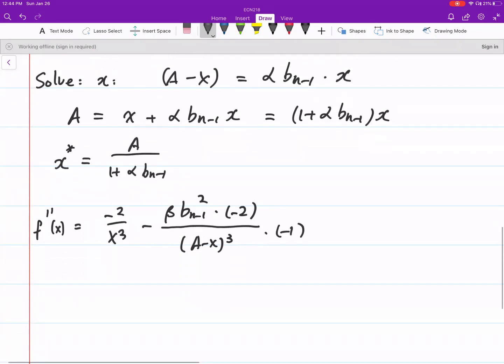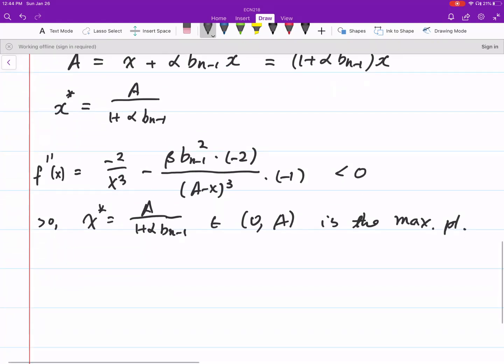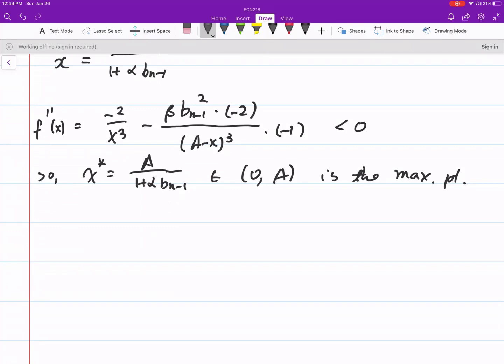We end up with a negative second order derivative. So x star, equal to A over 1 plus alpha Bn minus 1, is in the interval 0 to A and is the maximum. This is actually necessary. We have verified the maximum point, or the critical value.